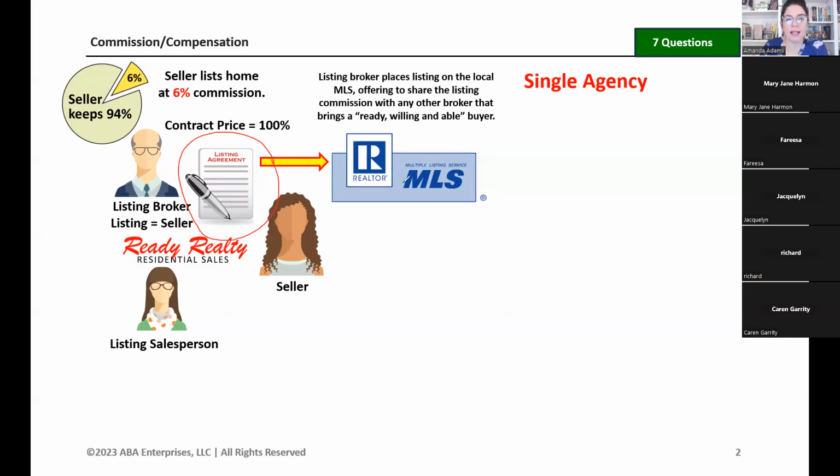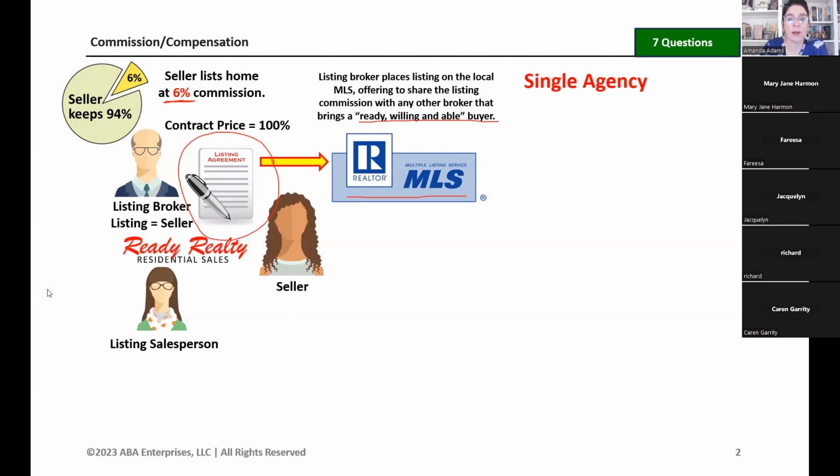And we're basically telling all the other members of the organization in that local MLS, hey, look, we've got a listing. And if you bring us a ready, willing, and able buyer, we will happily share part of our commission. Okay, and this is traditionally how commissions have been done, how they've been handled.